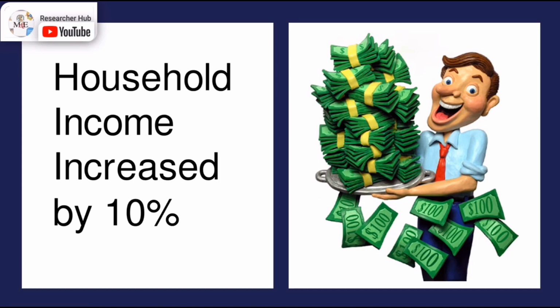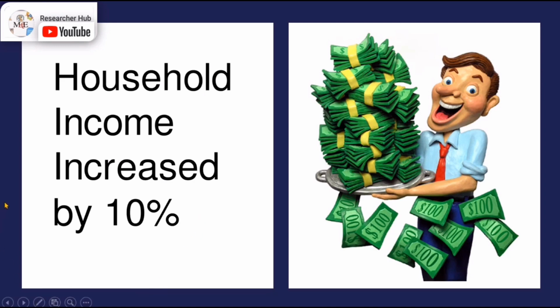In this example, look at this example. Household income increased by 10%. So you would like to measure the improvement of household well-being. You come up with this indicator, right? Household income increased by 10%. So you might say, okay, this is very specific. What you would like to measure? Household income, right? So the household income increased by 10%. But then, by when? It is not clear.